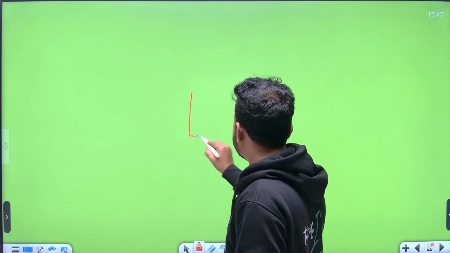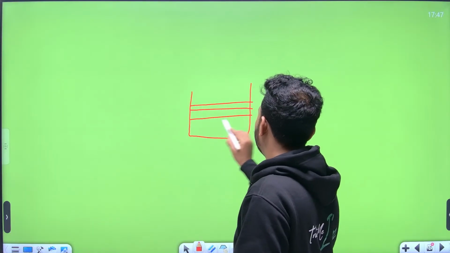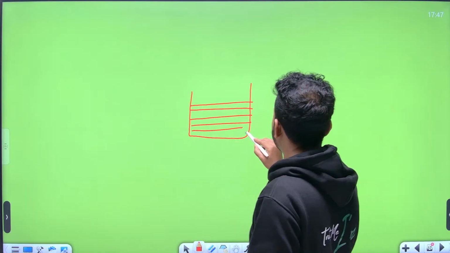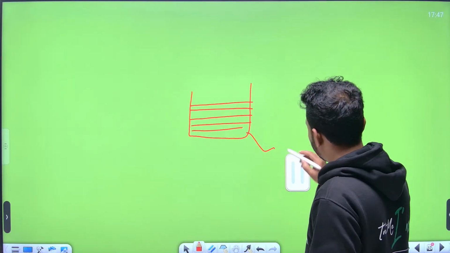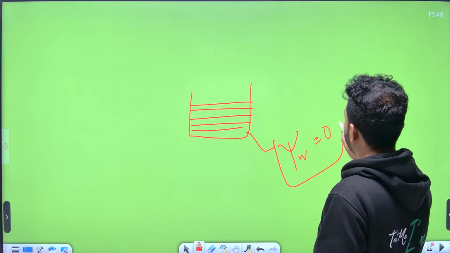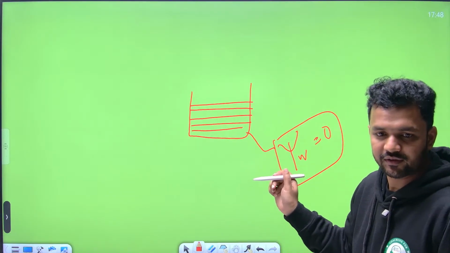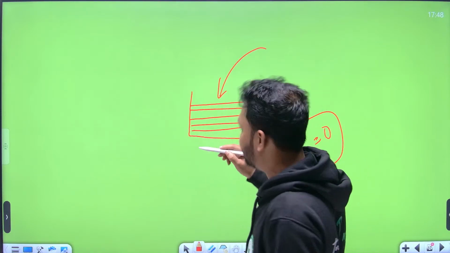Suppose it is a container full of only pure water. For pure water, water potential is equal to 0. We saw that for pure water, water potential is 0. If we add solute, it will decrease.